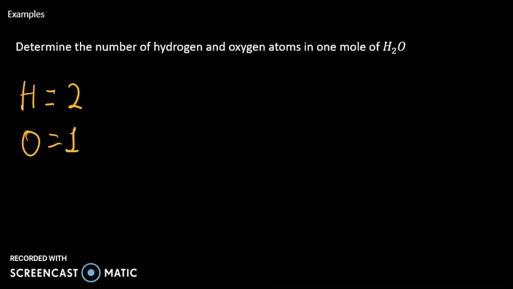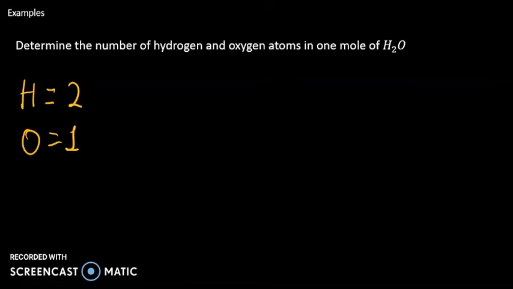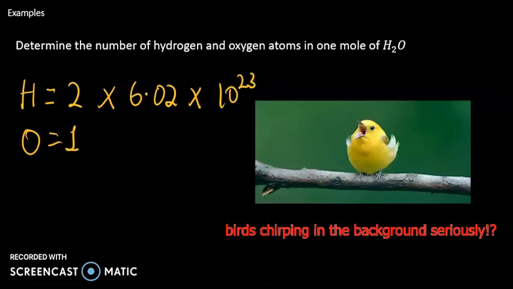To find the number of hydrogen and oxygen atoms, what we need to do is simply multiply the number of hydrogen by the Avogadro constant, and also the number of oxygen by the Avogadro constant.